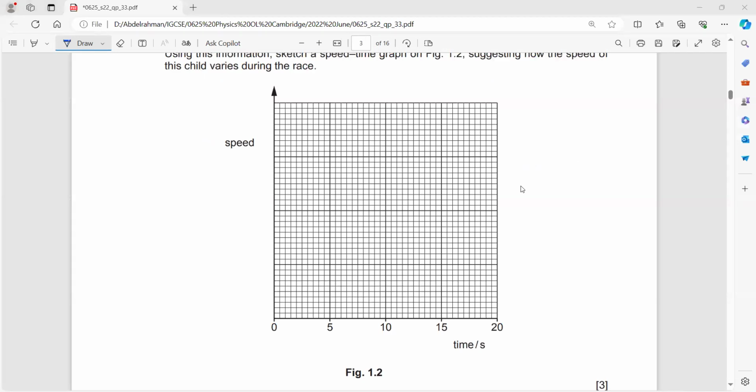We would take the speed of the child for the first 9 seconds, speed equals distance over time. Again, I'm telling you this is a tricky question.